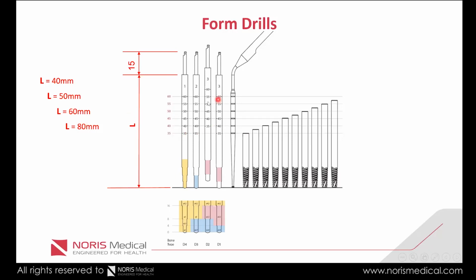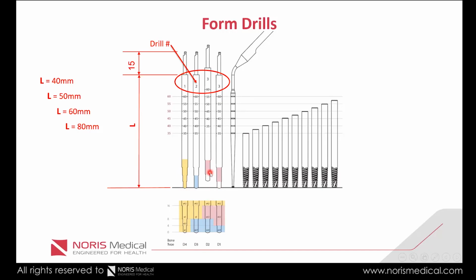The implants have different shapes, and they are form drills where the diameters change. I'll show it on the next slide. The number one implant will have this geometry, number two implant will have this geometry, and number three will have this geometry.